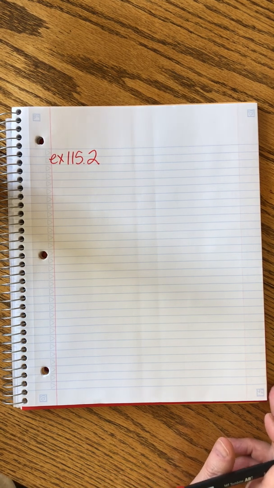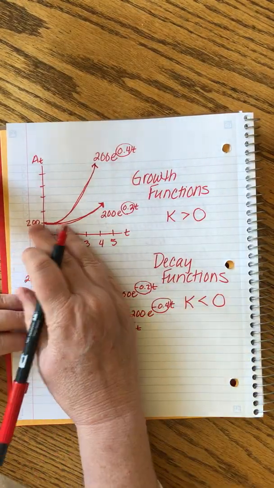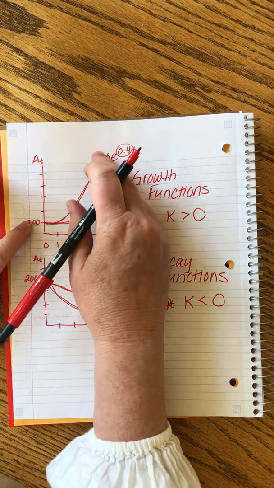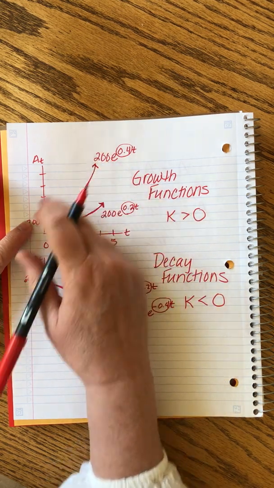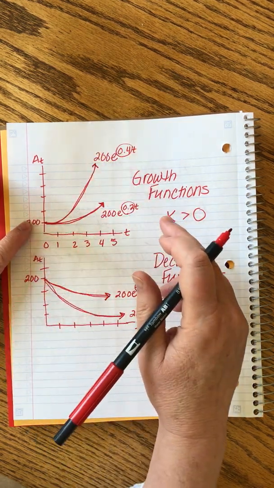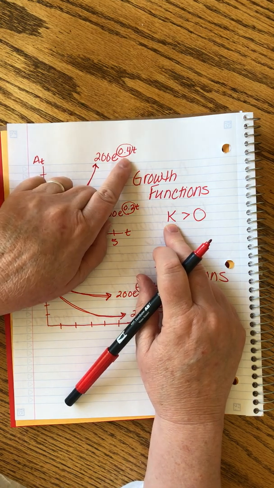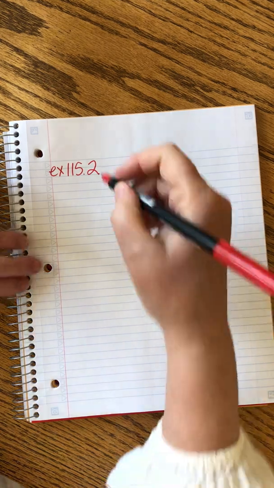Okay, so we don't have to graph this, but we can see that clearly we're dealing with a growth function. It starts at 400 and it goes up to 2,000 in just a couple days. So it's going up, and that tells us that the constant in our exponent should be greater than 0. All right, let's copy our formula.